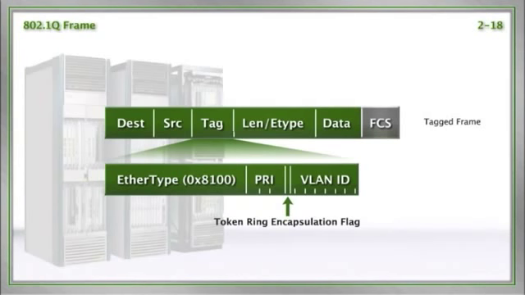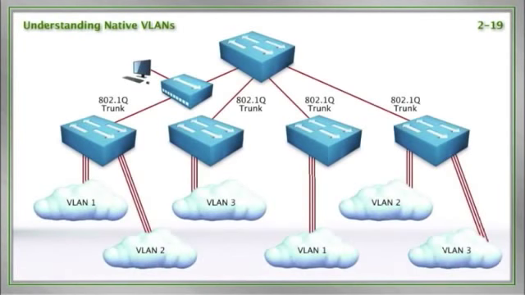Now, 802.1q trunk links have a very important concept associated with them that for some reason tends to drive students crazy. But it's not going to drive you crazy because I'm going to clearly explain what this is all about. It's called the native VLAN.